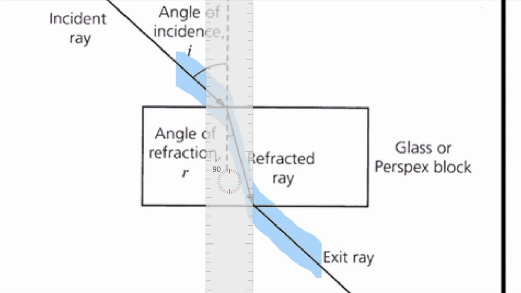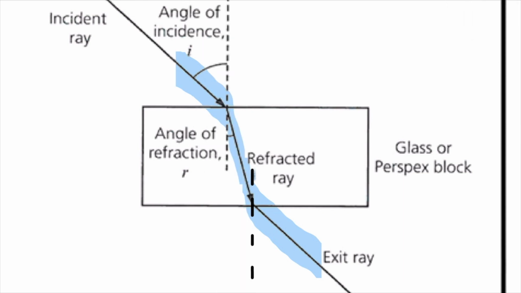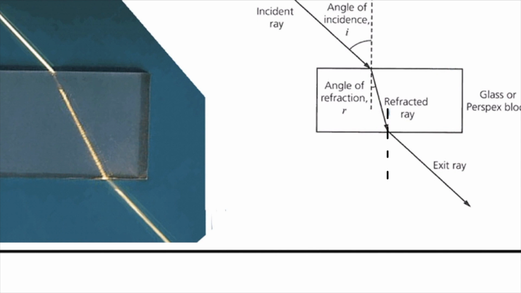I'll use a different colour. The normal should go here. So there's a normal line there. It bends towards the normal when it slows down, and away from the normal when it speeds up and goes back into the air.